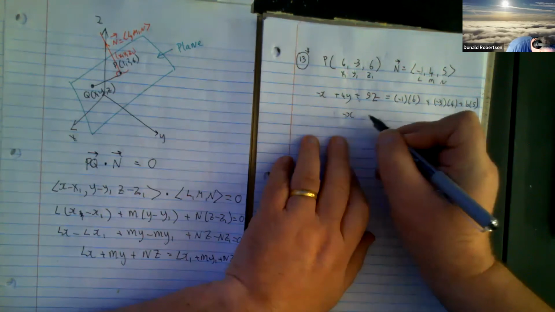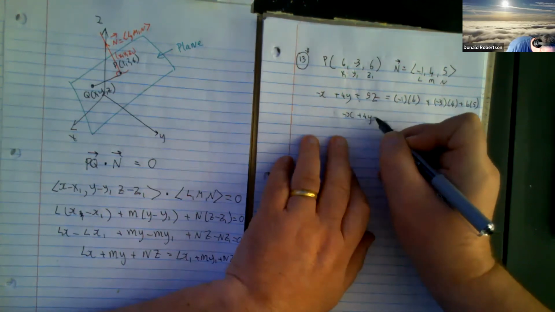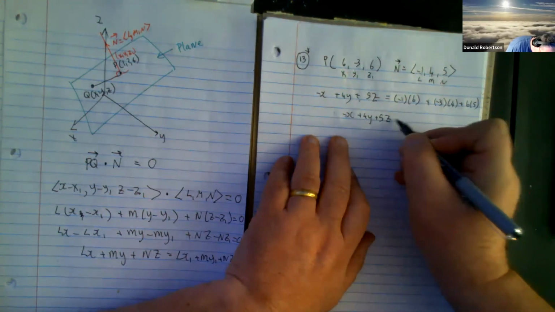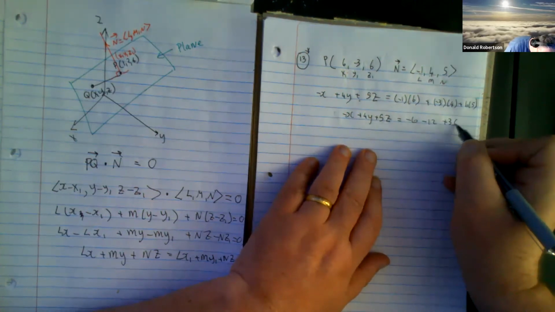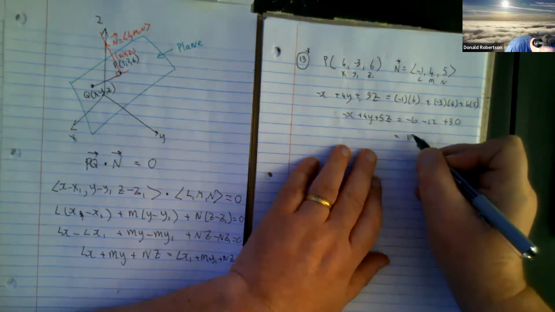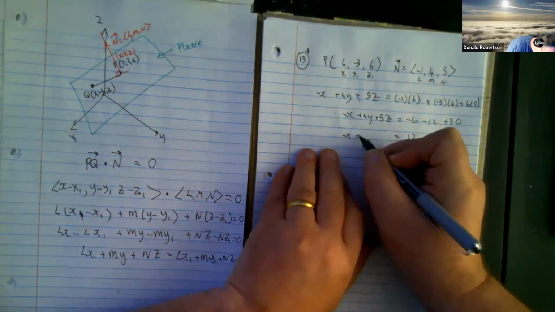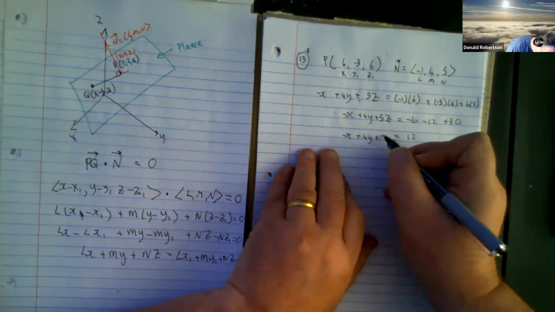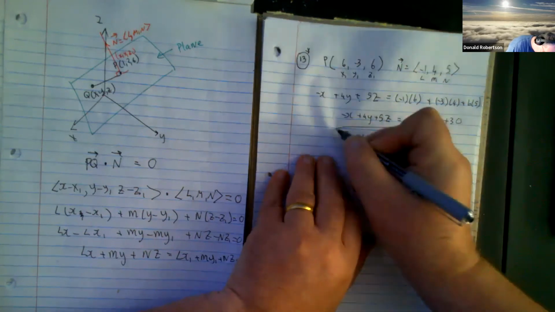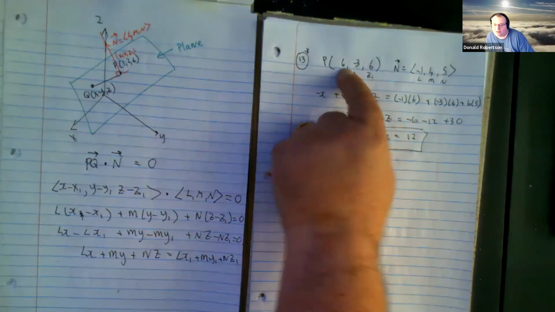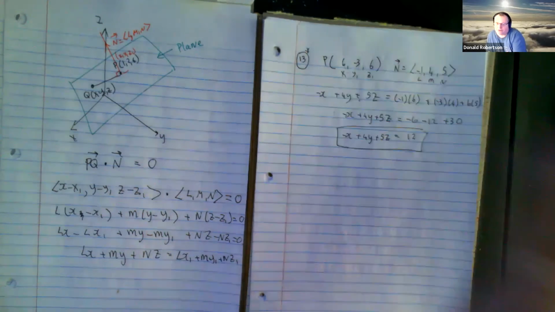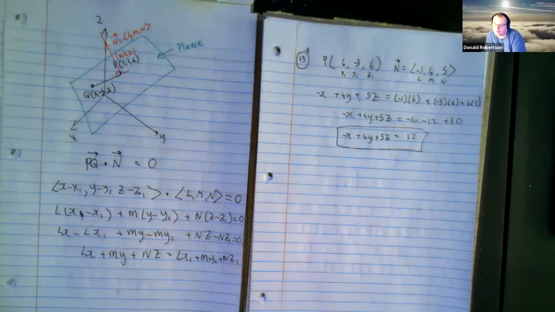And so the equation is, what's that? -6, -12 plus 30. I believe that comes to 12. So if you want the equation of a plane that passes through this point and has a normal vector of that type, you're done.